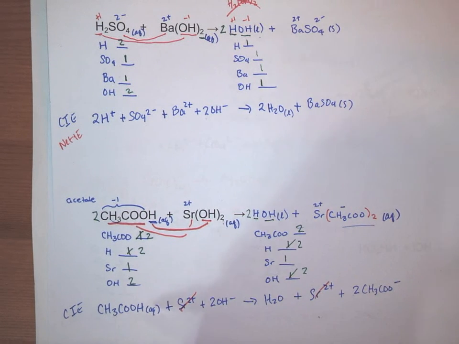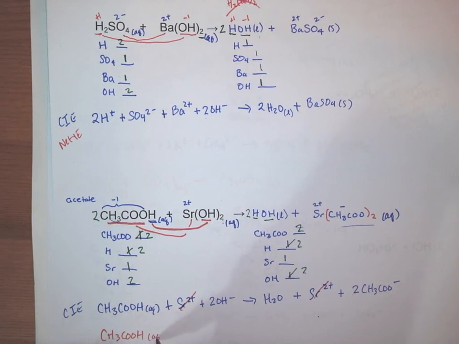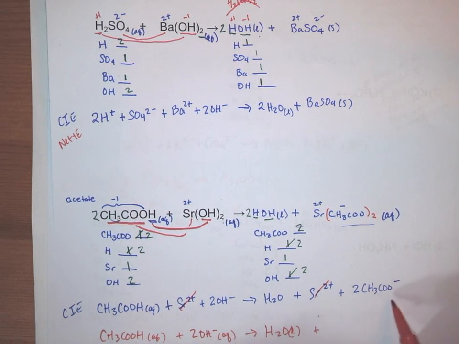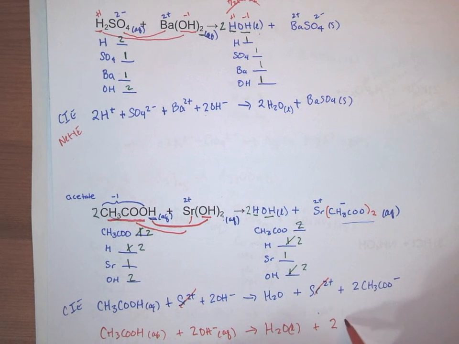So what I have left is my acid, which again is aqueous. Aqueous acids mean, aqueous means nothing. Okay, and then H2O liquid, and then this is also the acetate ion.